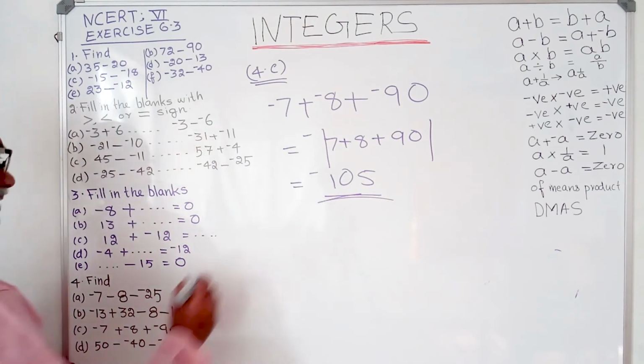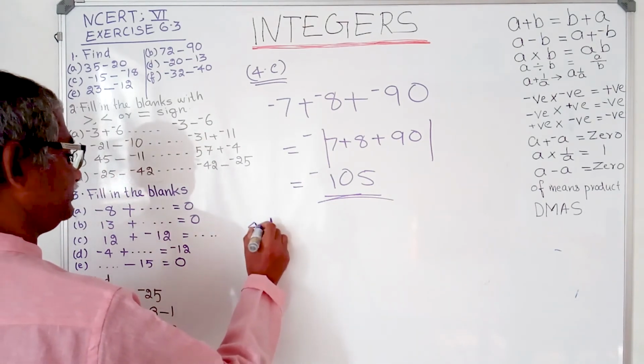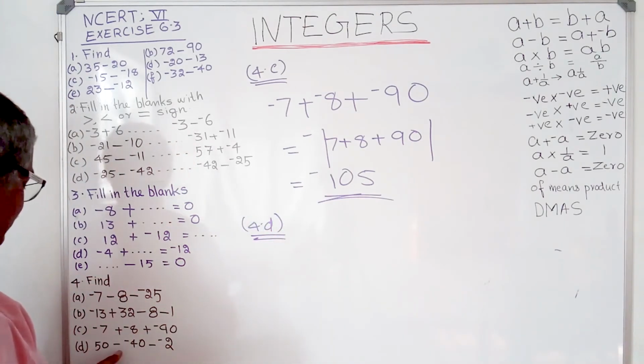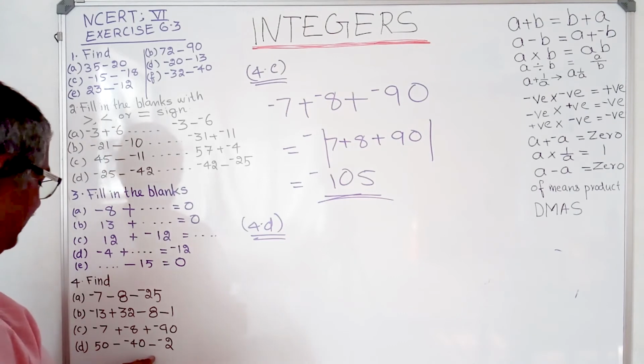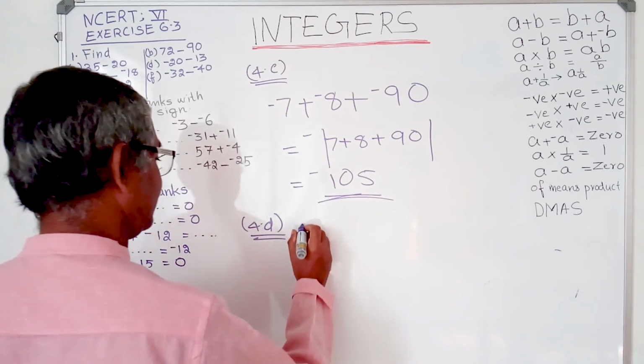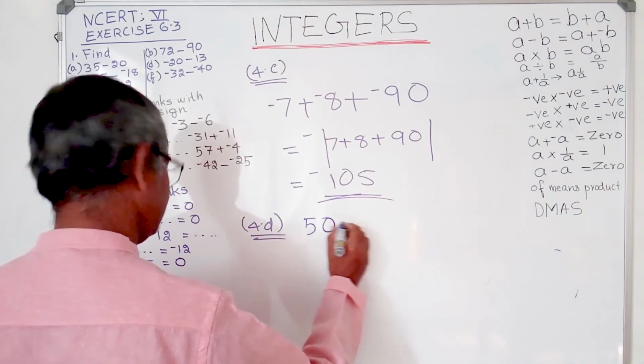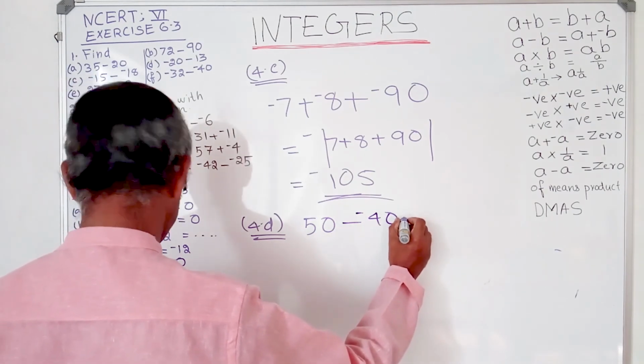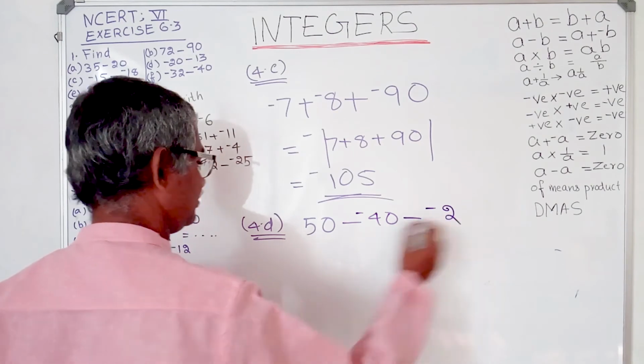Question D. For D. What is it? Positive minus negative minus negative. 50 minus negative 40 minus negative 2.